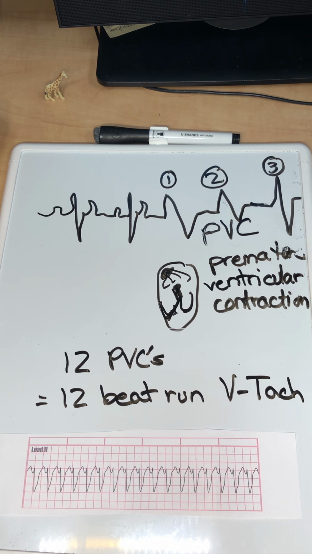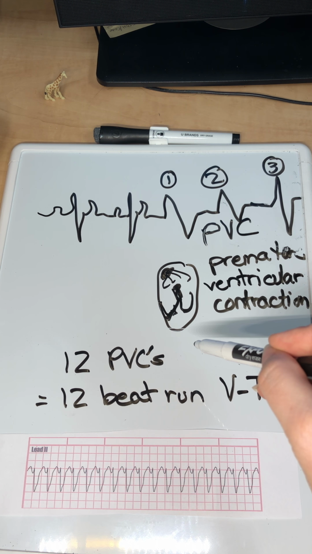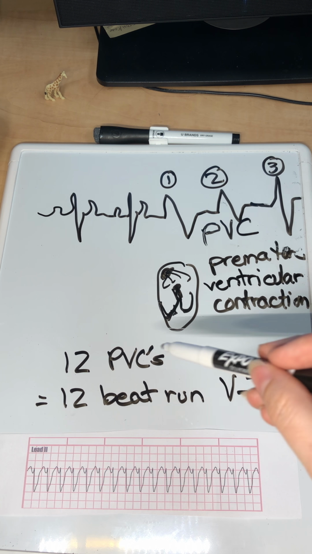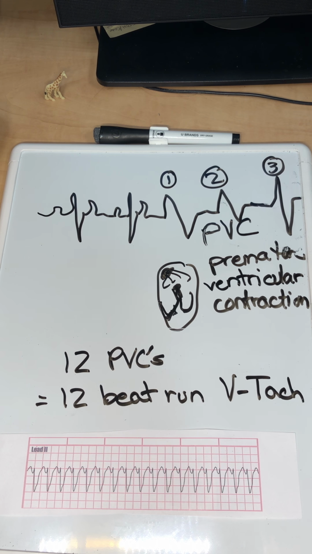As a result of the electricity not traveling through the heart in the appropriate pathway, you're not getting the atrial kick, you're not getting the heart to pump in an ideal fashion, okay?